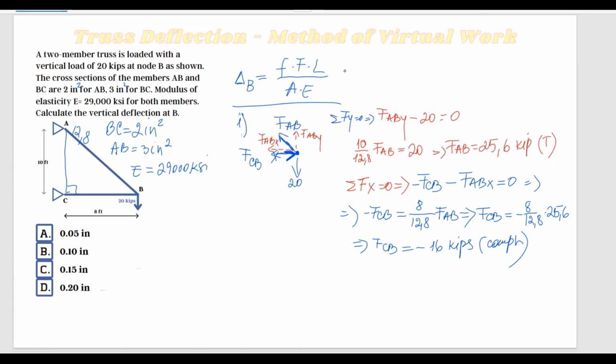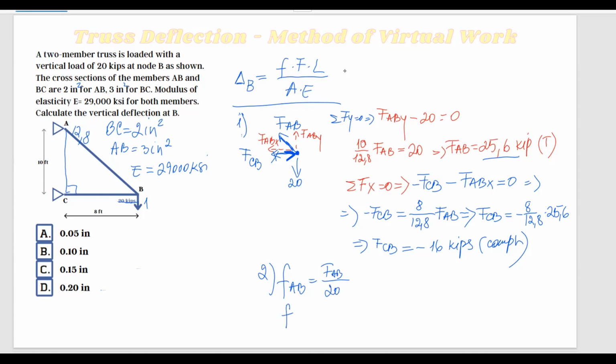The next step would be to calculate F, lowercase f, and the way to do that, you would remove the 20 kip load and add a unit load at node B. And since the 20 kip load is at the same node, we can find the forces in each member, AB and BC, just by dividing the forces that we have gotten by 20 kips. So lowercase f for AB is FAB divided by 20.